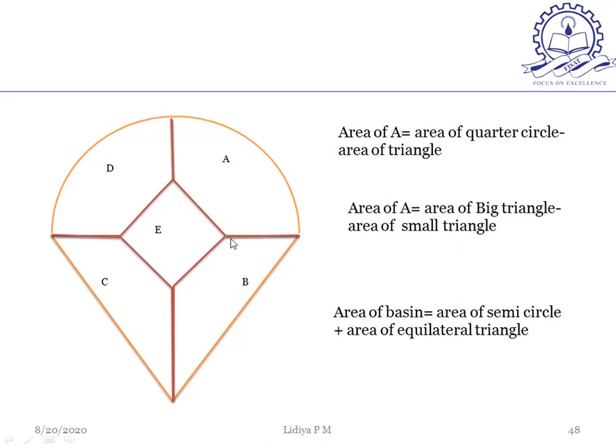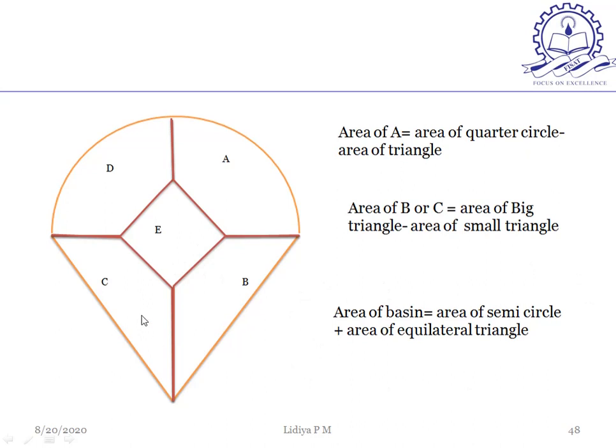If you consider this as a quarter circle, then you have to deduct the area of this triangle. Similarly, area of B or C, if you consider the first triangle like this, is area of this big triangle minus this small triangle.